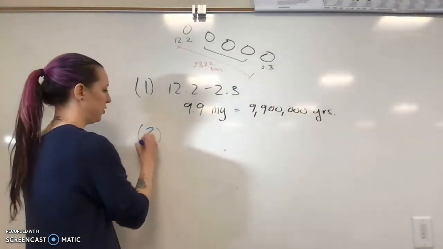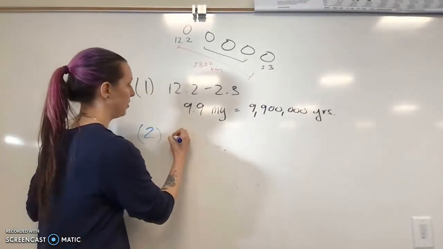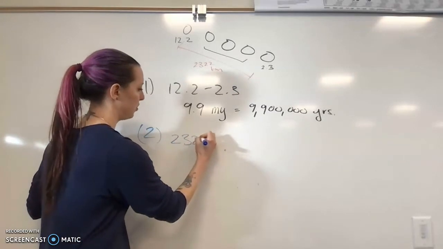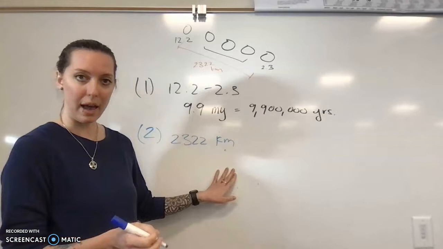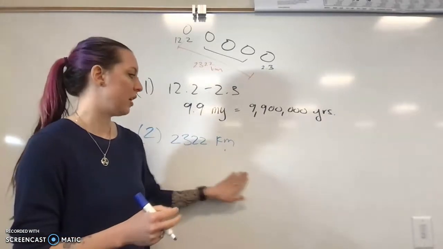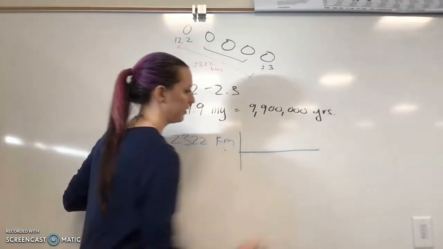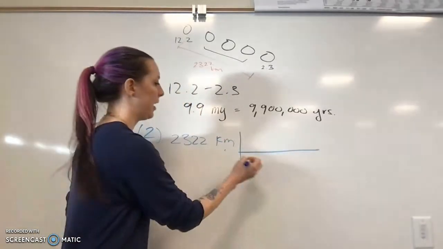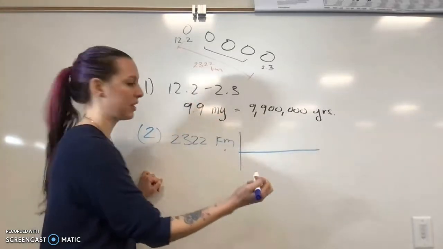So step 2, ooh, that's a bright fun blue, is to convert. So we have 2,322 kilometers. And if we remember back to our first lab in conversions, I love doing a t-table. So I set up my t-table, my sideways t, and we want to indicate our units to make sure things cancel out correctly.